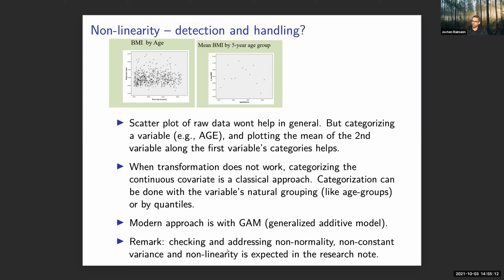This is beyond the scope of this course, but it's also a valid approach. Note that I made this note in the beginning: checking and addressing non-normality is done in combination with non-constant variance. It was testing for heteroskedasticity and nonlinearity expected in the research note.